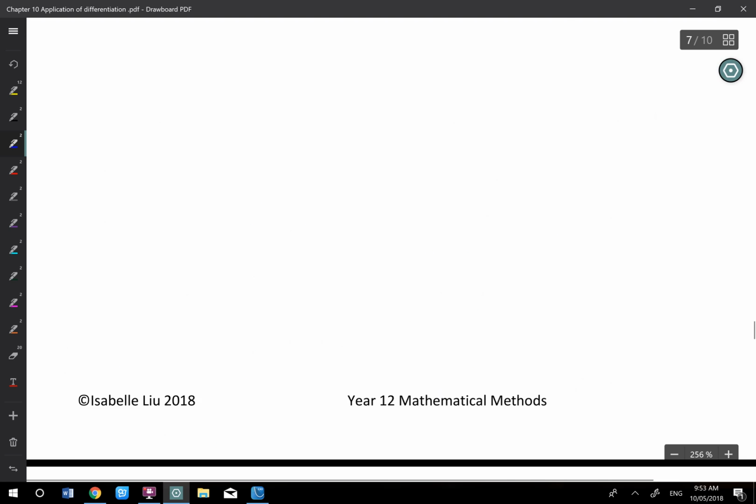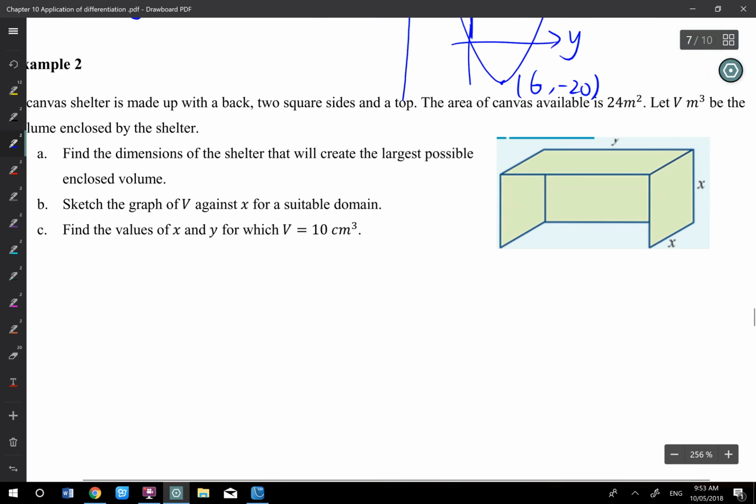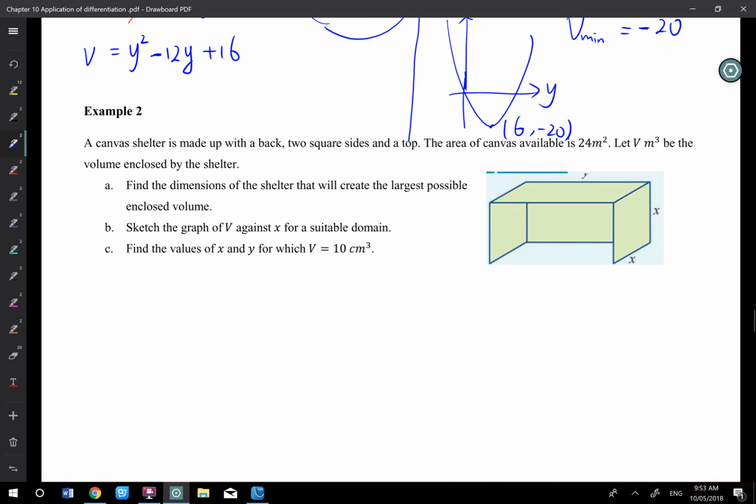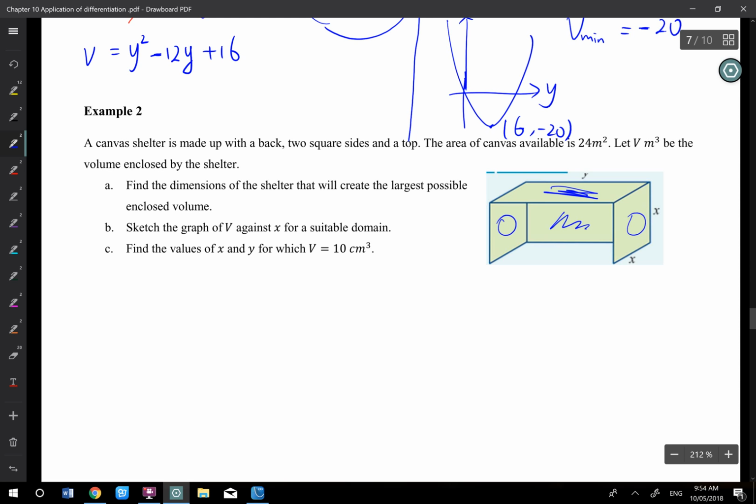And if we go to the top question here, this one has a little bit of diagrams. A shelter is made up of a back, two squares, and the top. That's the back, that's the top, and the two squares at the side.